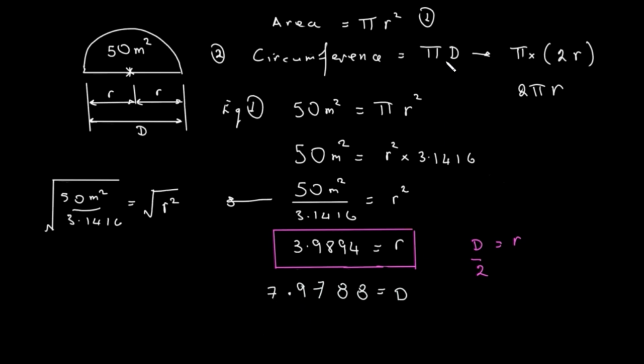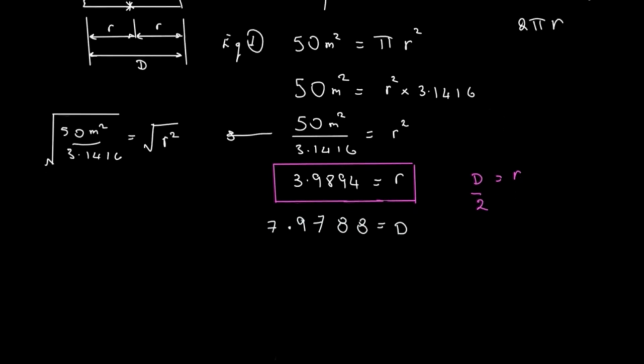So now we've got part of equation 2. We know that the circumference of a full circle, a whole circle, is pi times the diameter. So we multiply that by pi, we get pi times 7.978.